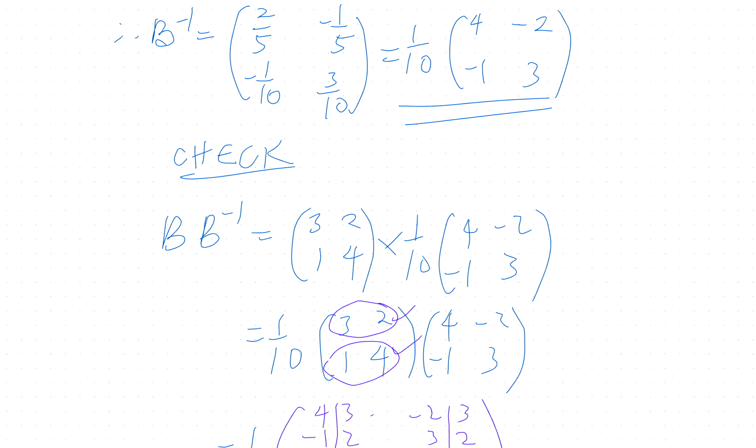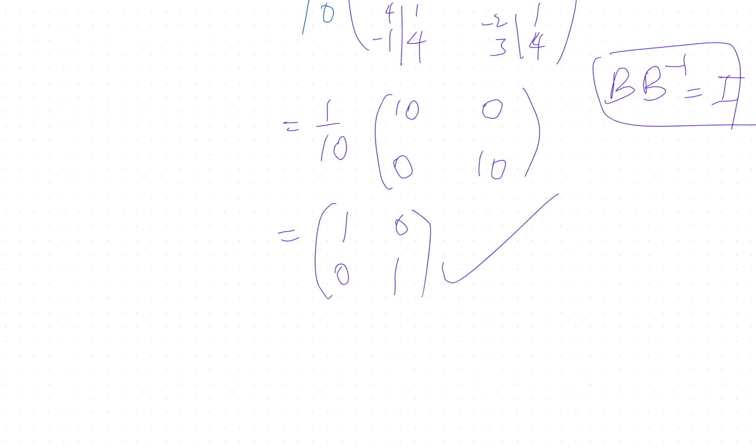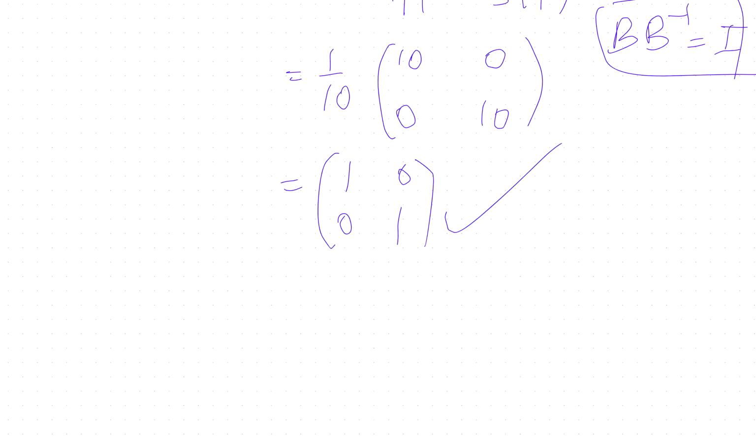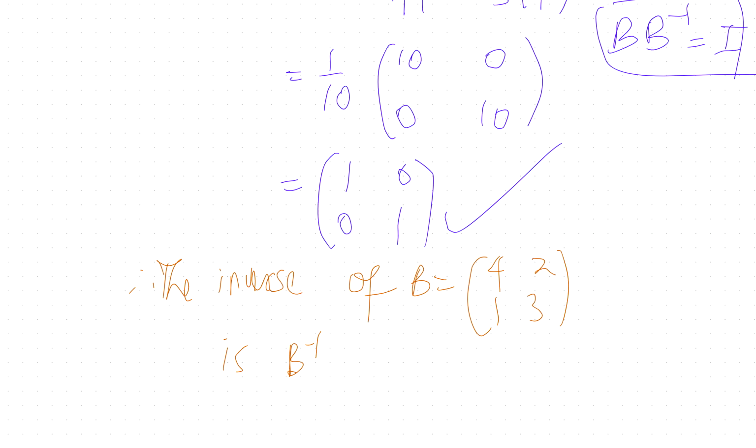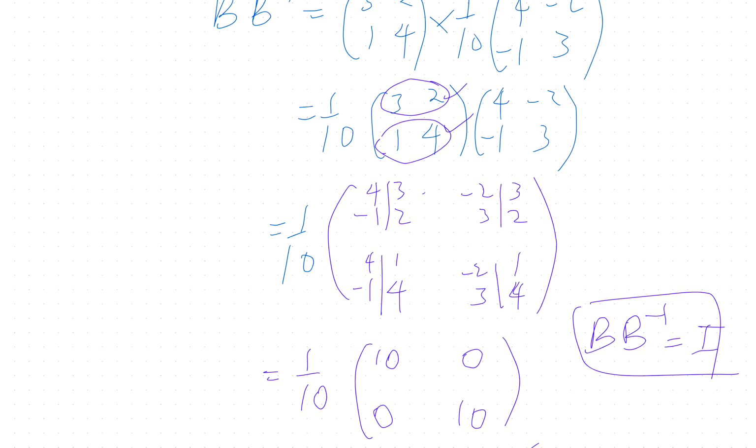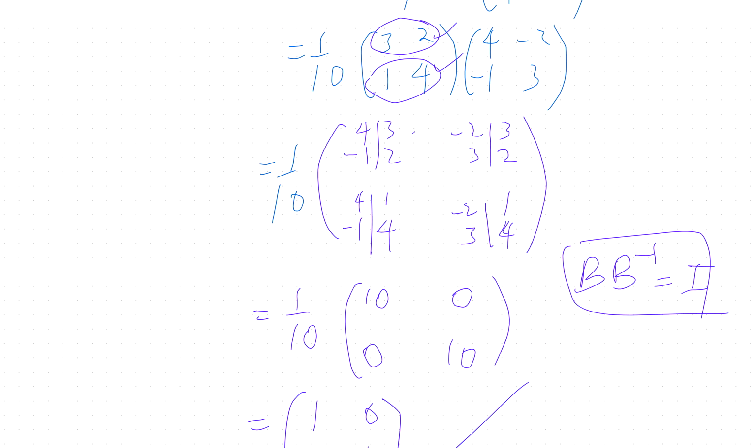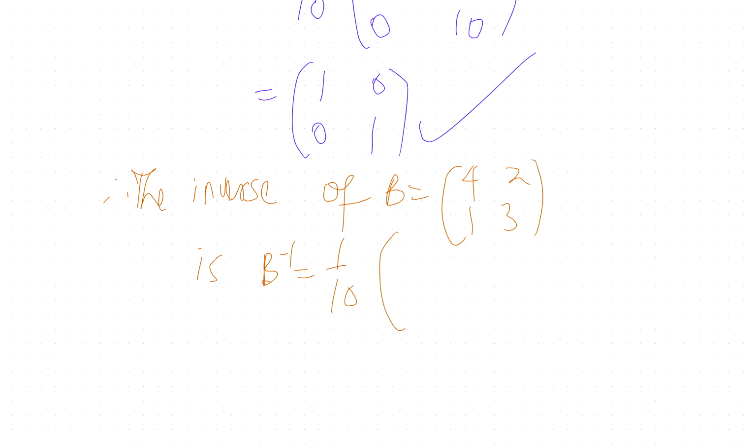Therefore, you can conclude that the inverse of B, which is 3, 2, 1, 4, is B inverse, which is 1 over 10 into 4, minus 2, minus 1, 3.